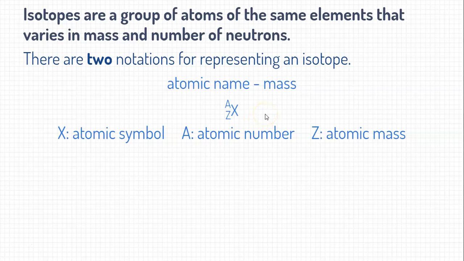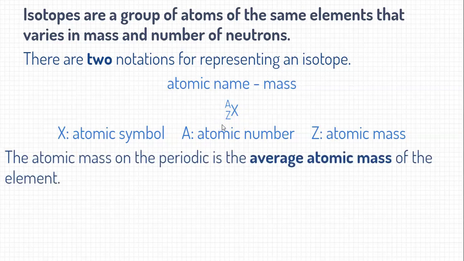We know that the atomic symbol for hydrogen is capital H, so X would be capital H. The atomic symbol for sodium is capital N, lowercase a, so X would be capital N, lowercase a. The A represents atomic number, so whatever atomic number that specific element has. And then Z represents the atomic mass, whatever that element's mass is.